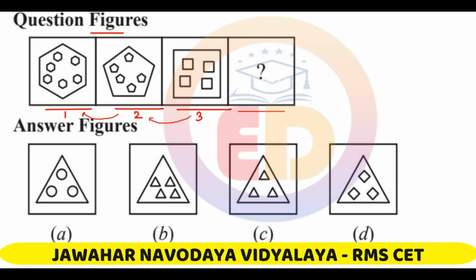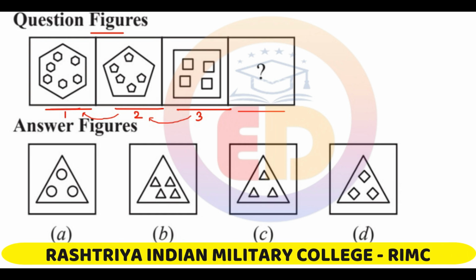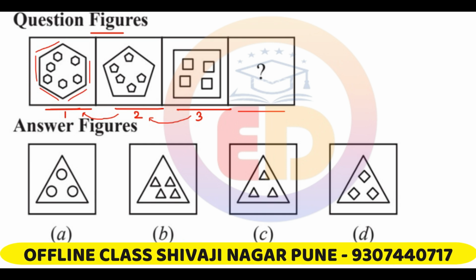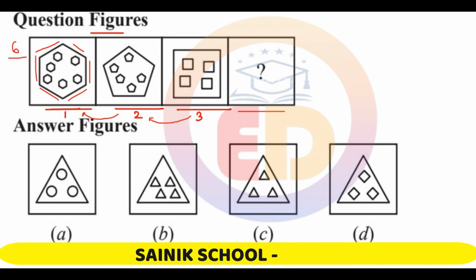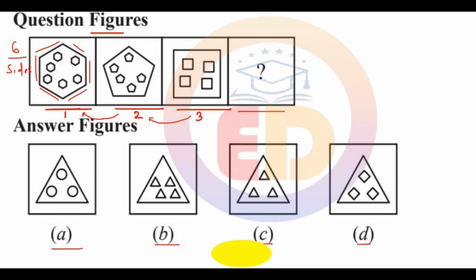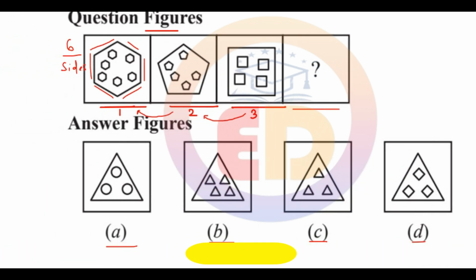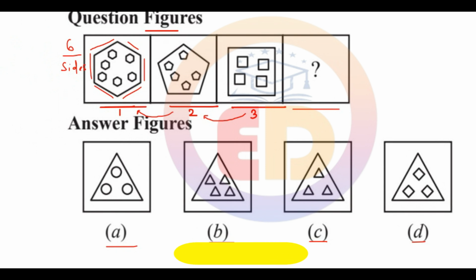Let us analyze this question. In the first figure, if you notice, the outside figure has 6 sides. And inside you see there are also 6 smaller sizes of the same figure.